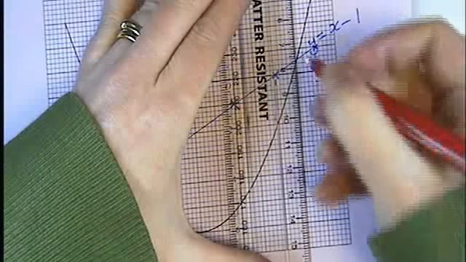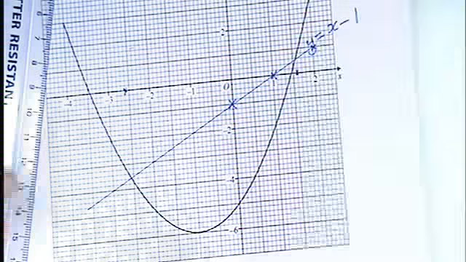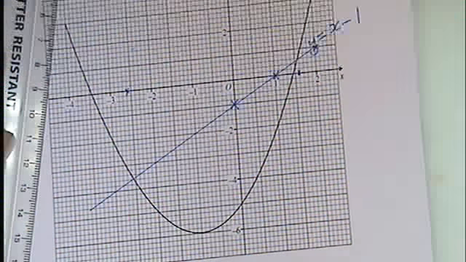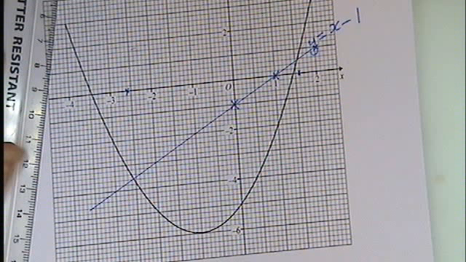So it's about there. And on the other side, they intersect there. So now I can read off values on my x-axis to give me the point of intersection, which is the solution of where my curve and my line meet.